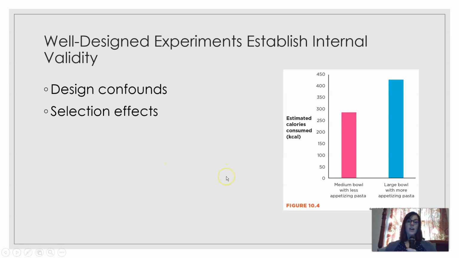And then finally, a good, well-designed experiment should establish internal validity. So we talked about the different types of validity with correlations. And we talked about a few different aspects of validity that are more important for correlational studies. For experiments, internal validity is absolutely critical.